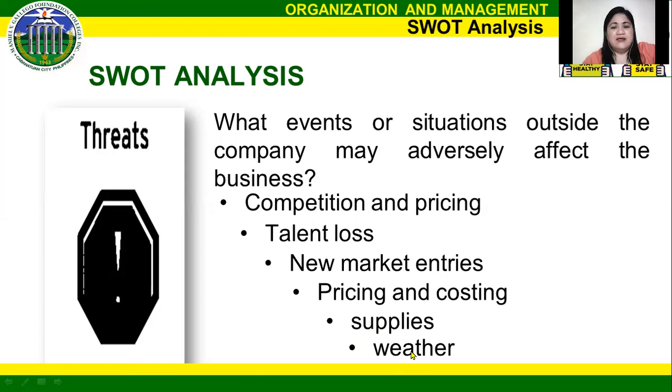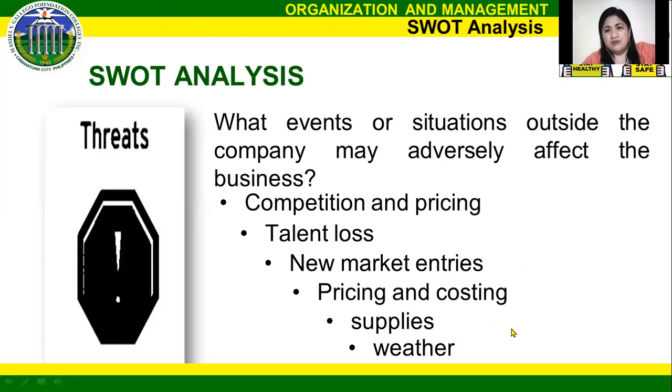Weather. Yan. So, ito, isa sa mga pinakamahirap. You are a restaurant manager na ang pangunahing sangkap ay highland vegetables, chop suey, ganyan, tapos biglang nagkakaroon ng bagyo, nagkakaroon ng lakas ng ulan, mataas na temperatura sa Baguio, nagkakaroon ng mga landslides and all, so tataas na yung presyo.